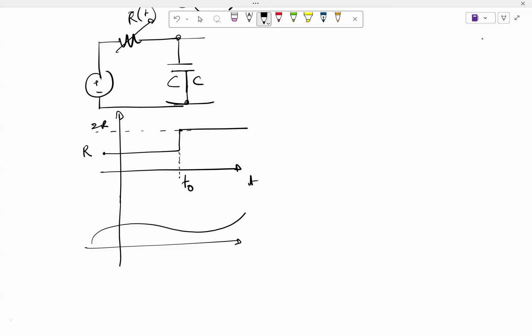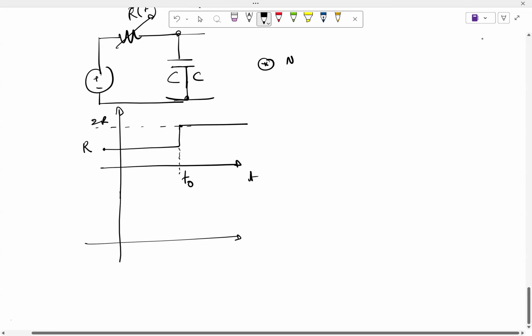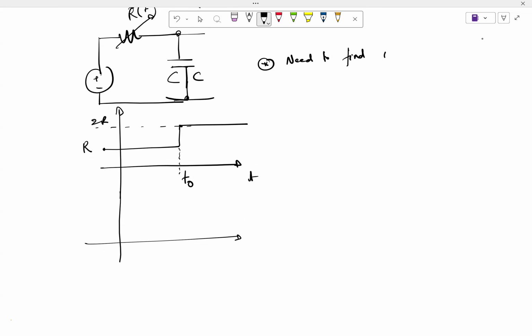Correct? So, firstly, let me just write it down. Need to find h of t, tau for t greater than or equal to t naught, and t less than t naught.